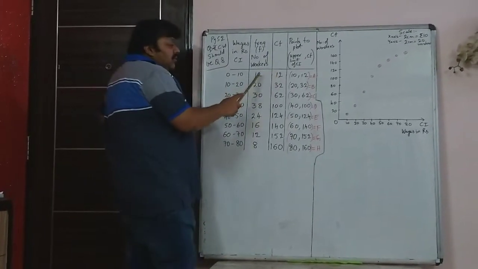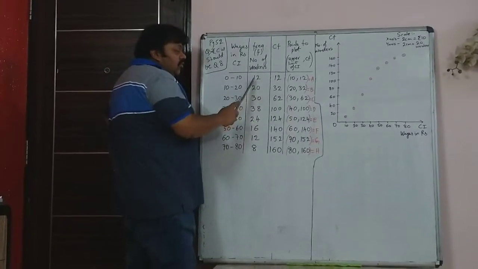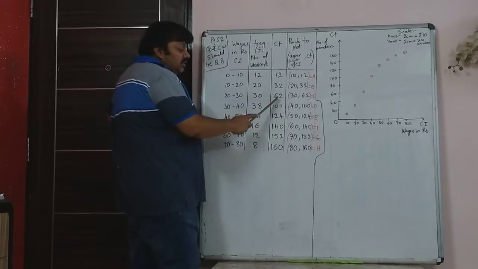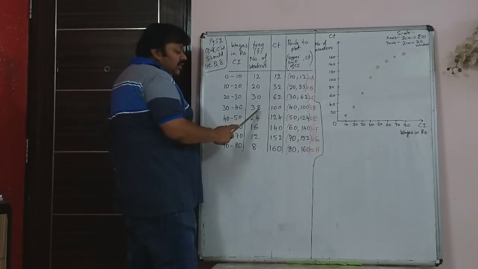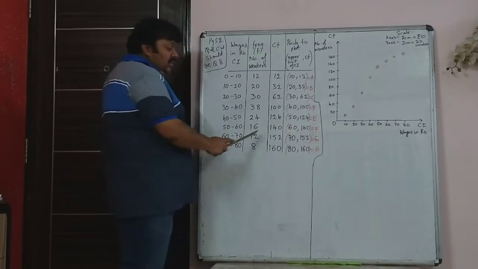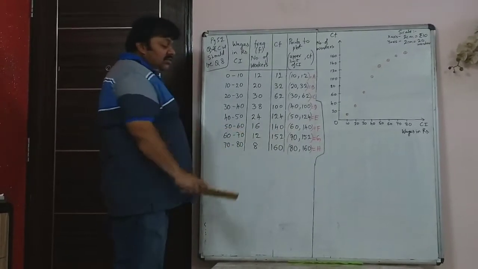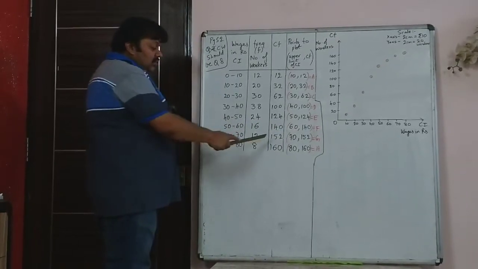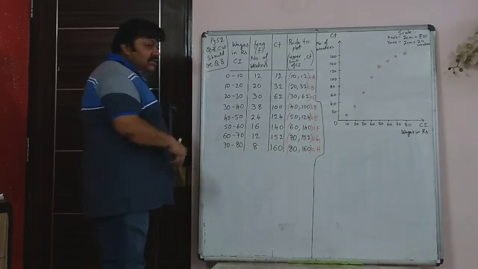So cumulative frequency: 12, 20 plus 12 is 32, 32 plus 30 is 62, 62 plus 38 is 100, 100 plus 24 is 124, 124 plus 16 is 140, 140 plus 12 is 152, 152 plus 12 is 160.